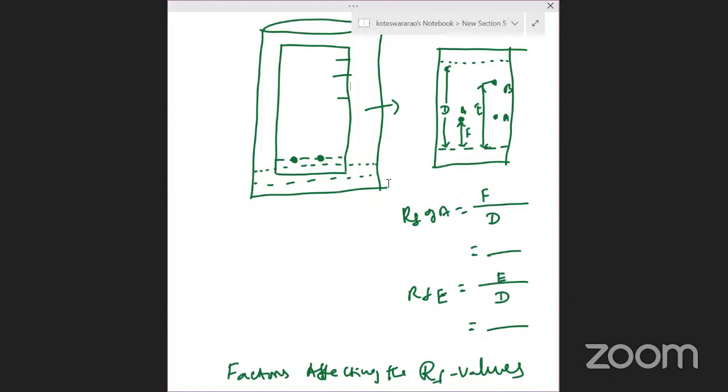Method of development, duration and direction of the development, the temperature of the system, size of the container in which the experiment is performed: all these factors can influence the RF values in paper chromatography. Okay, RF values of two different components are different for a given system.